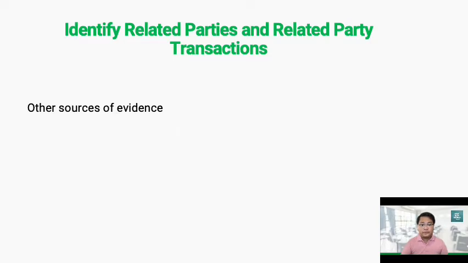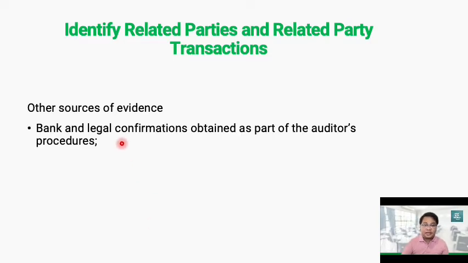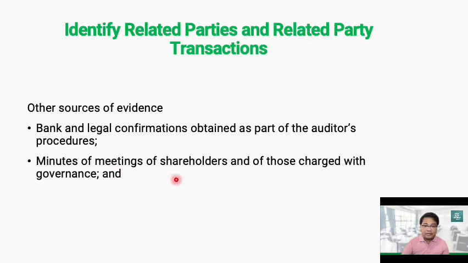Other sources of evidence that we can use in identifying related parties include bank and legal confirmations obtained from our audit procedures. We also read the minutes of meetings of the shareholders, the board of directors, and other board committees. Those minutes can also provide information about the existence of related parties and related party transactions.